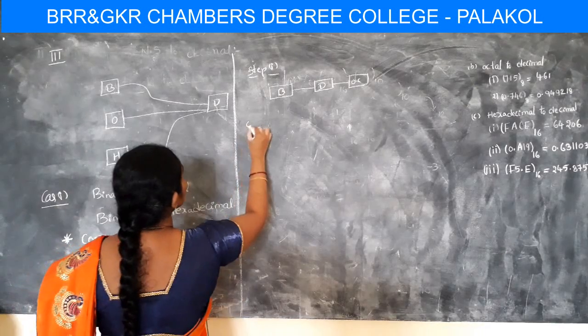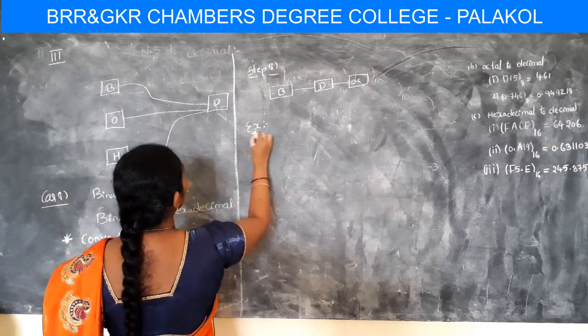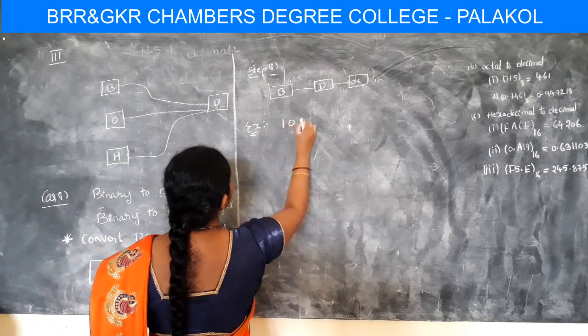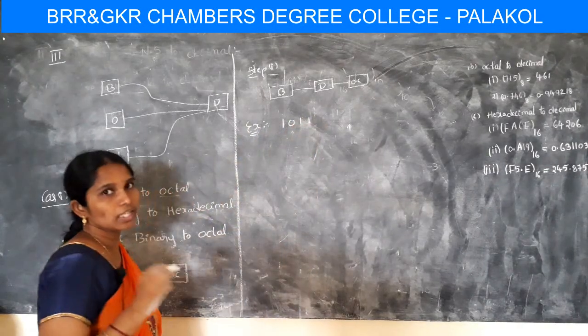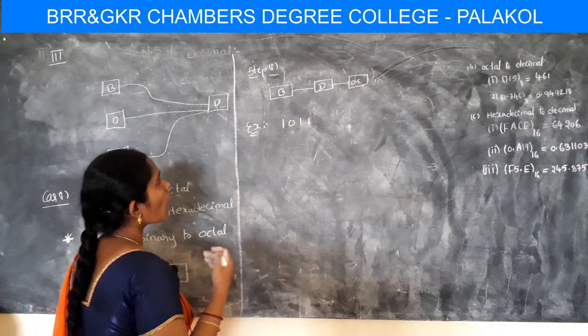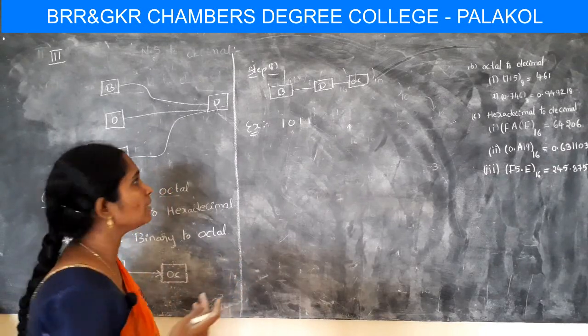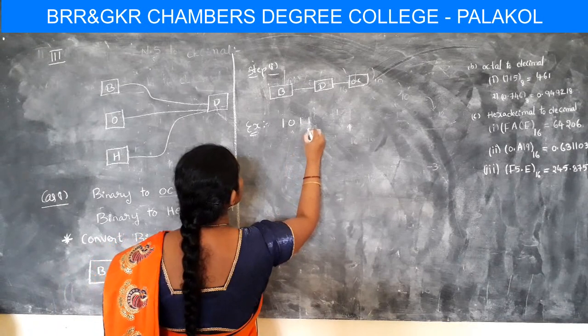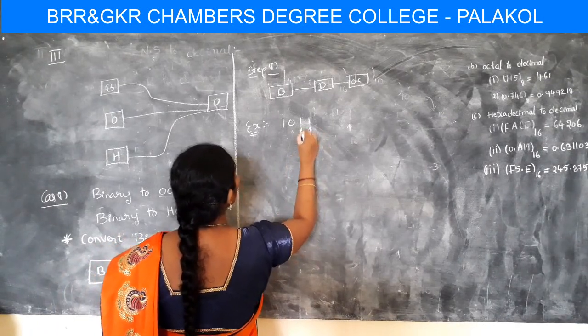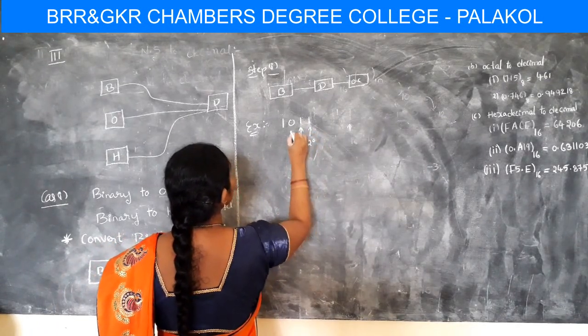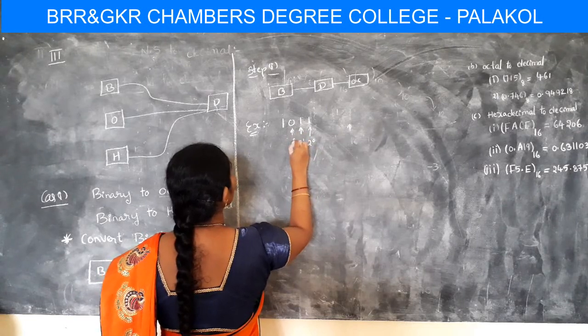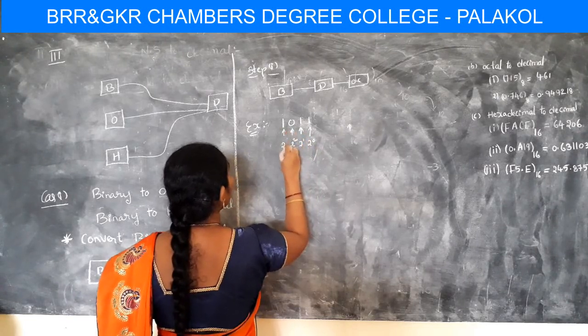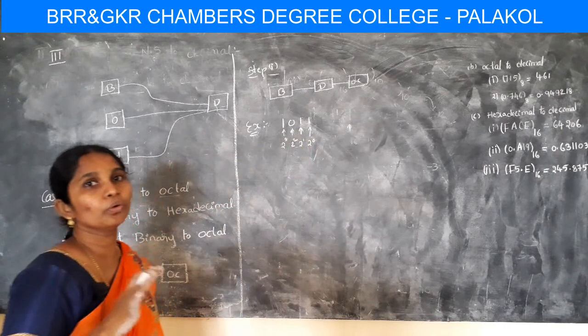A binary number 1011 is given, a small number. So how to convert the binary to decimal? By multiplying the weights. Here this is 2 power 0, 2 power 1, 2 square and 2 cube.